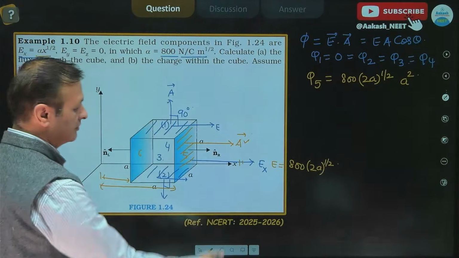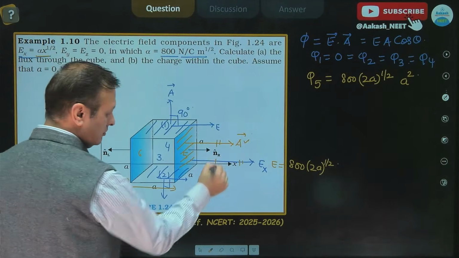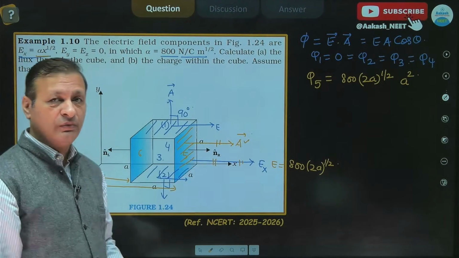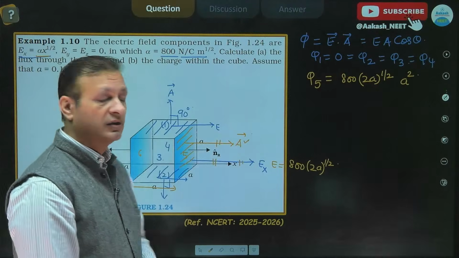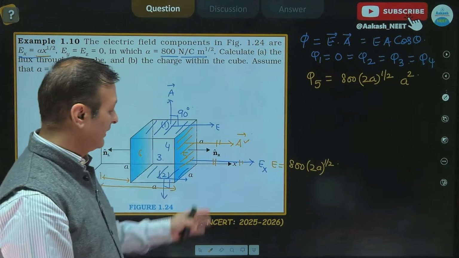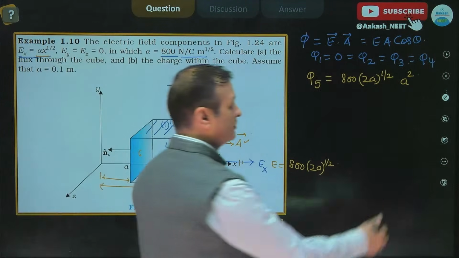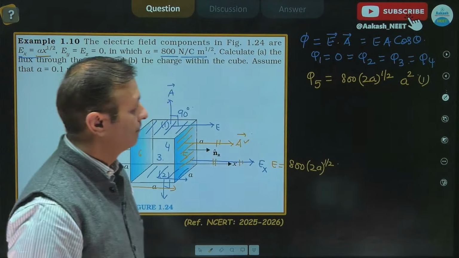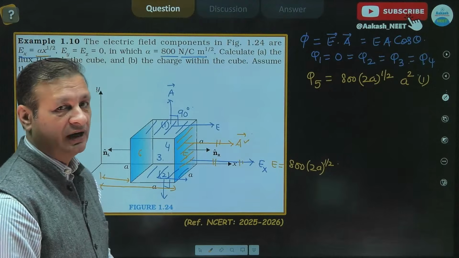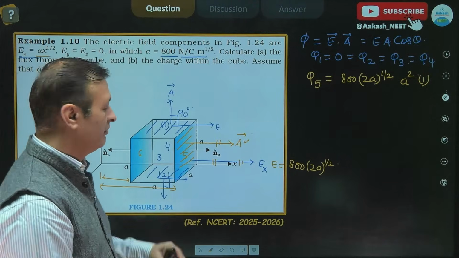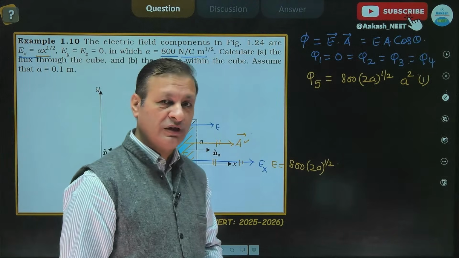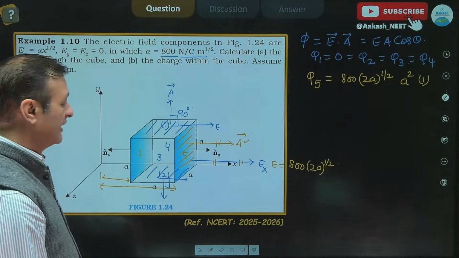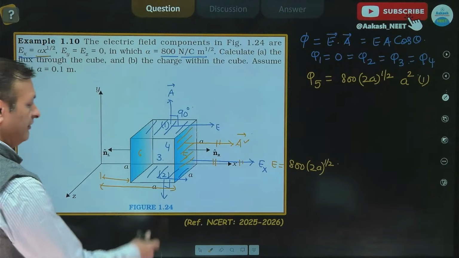The area vector is along the electric field vector, so the angle theta is 0 degrees, and cos 0 degrees is 1. So do we understand how we are getting flux 5, the flux through this face, which we have labeled as number 5?